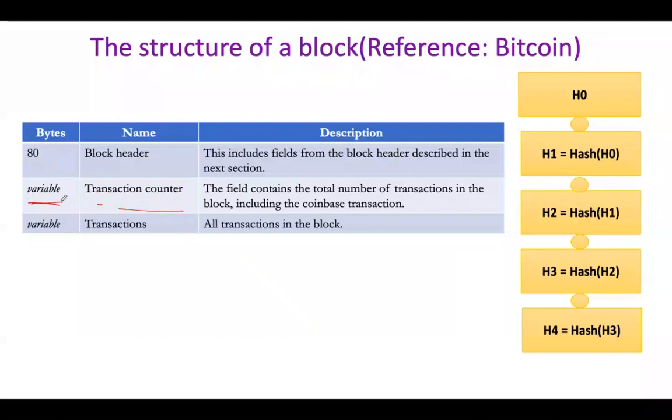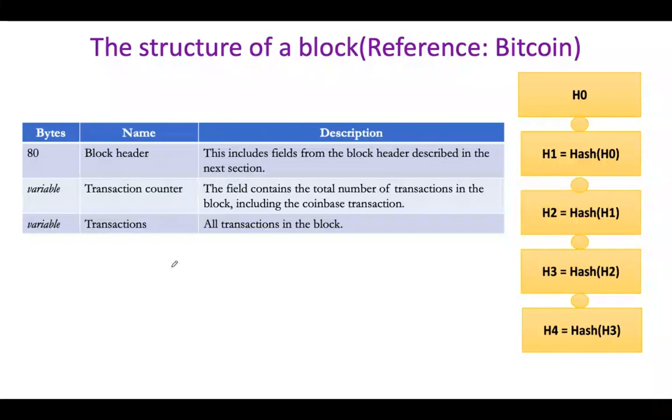This is the variable length, because as the number of transactions increases or decreases, that can happen. So this field contains the total number of transactions in the block, including the Coinbase transaction. And then after the number of transactions is identified, all the transactions in the block will be defined.